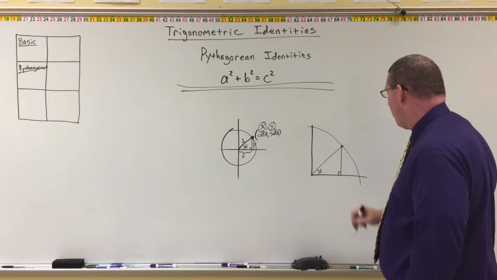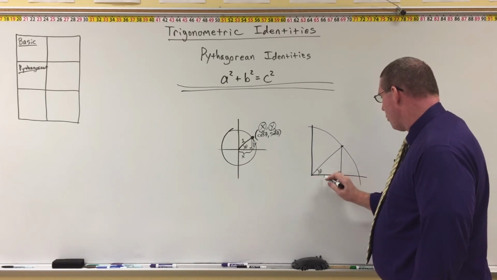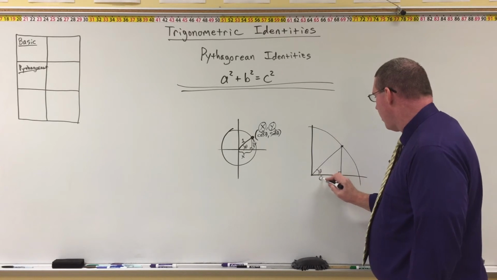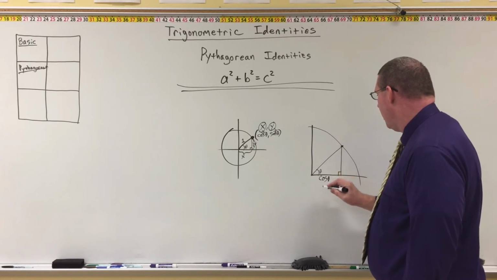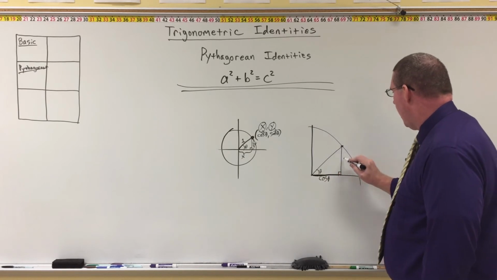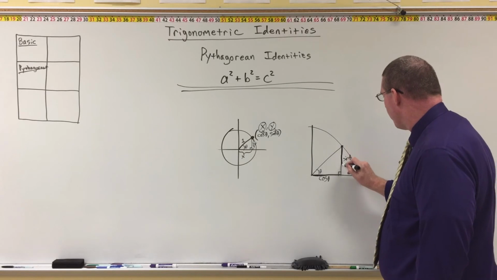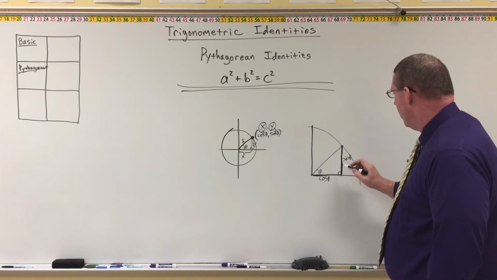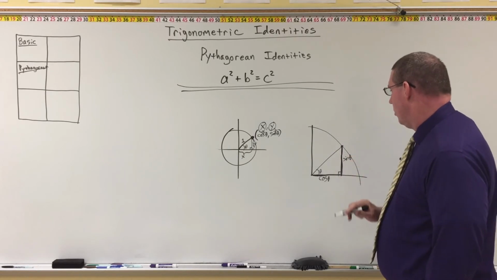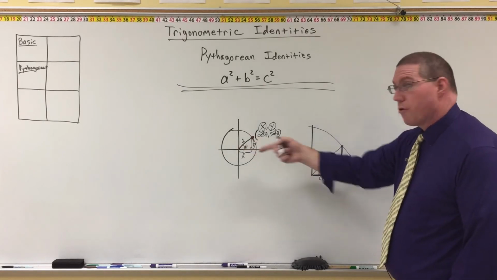If we zoom in here, and this is angle theta, we know that the right triangle created by this angle theta, since this is x, but it's also cosine, we can say that cosine of theta is actually the length of one of the legs of the right triangle. And we can say that sine of theta is also one of the legs. It's the height. So we have a right triangle with a hypotenuse of 1, because the radius of the unit circle is 1.